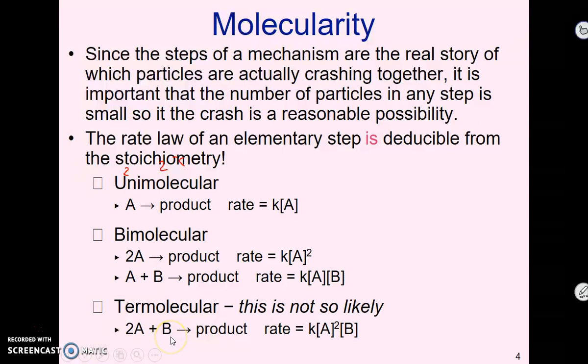Termolecular, you have to have three molecules come together with enough energy and in the right position for the reaction to be successful. And that's difficult. So termolecular elementary steps are very, very unlikely and don't occur that often. But unimolecular and bimolecular often occur.